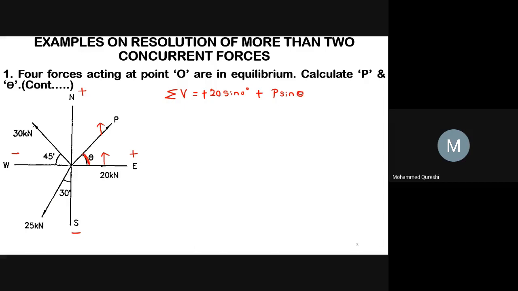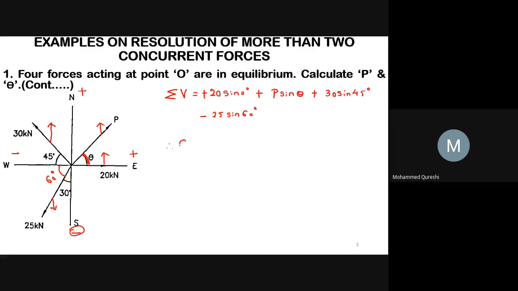Then this vertical component, that is plus 30 sine 45 degree, and lastly this component downward means it will be minus 25 sine, but this component makes 60 degree with the horizontal x-axis, so it will be minus 25 sine 60.